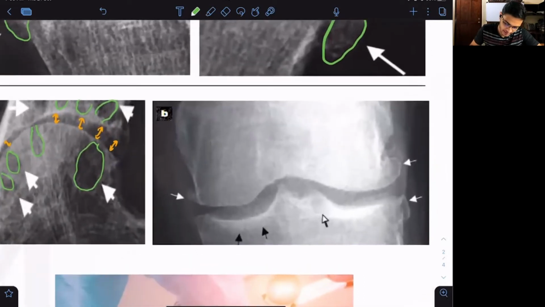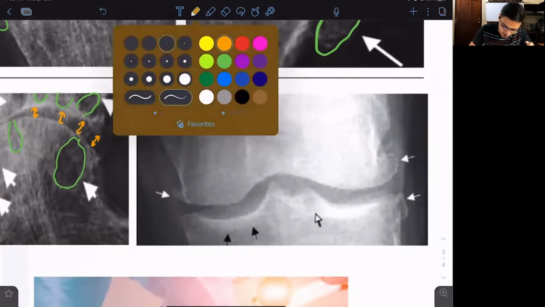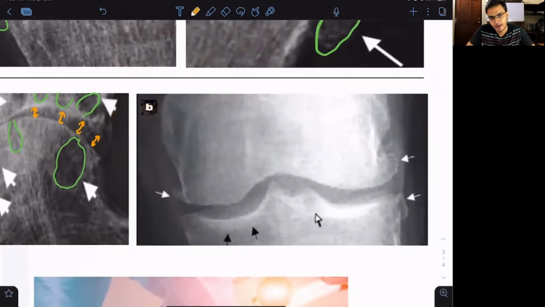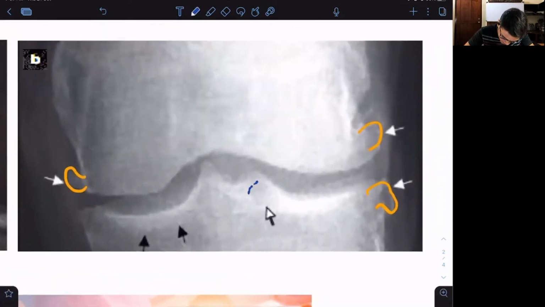Okay, let's look at this B diagram, guys. This is a knee. Look at this, several things I want you all to appreciate. Here, guys, what can we see? Look at these. These are marginal osteophytes. And here, in this white and black arrow, it's not very clear, but somewhere here you can see much darker regions.